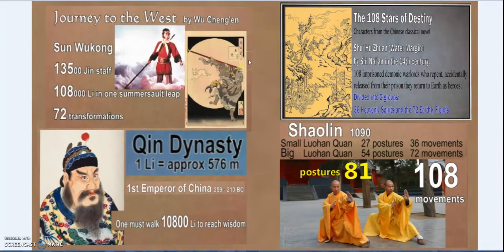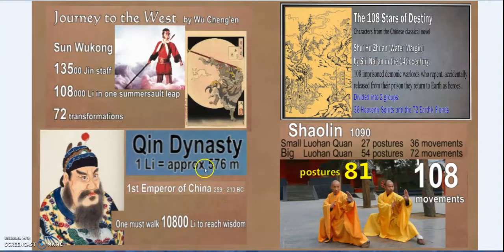However, in the Far East, in China, for instance, in Chinese literature, you're going to find 108, 108,000. These same numbers will appear over and over, 108 stars of destiny. Interesting, in the Qin dynasty, 1 Li, very important character because he standardized architecture, many social aspects, but weights and measures. And also at that time, exact date I could never be sure of, but since quite a while ago in China, one must walk 10,800 li to reach wisdom.